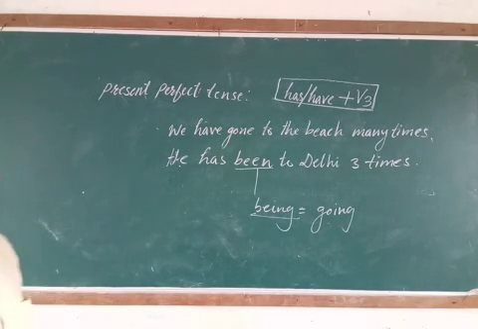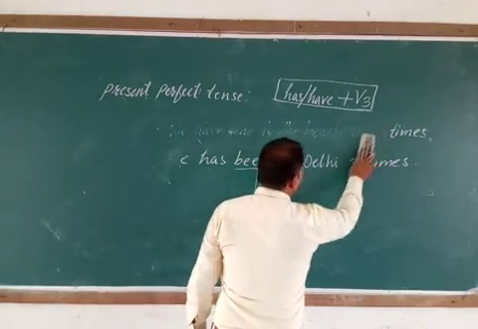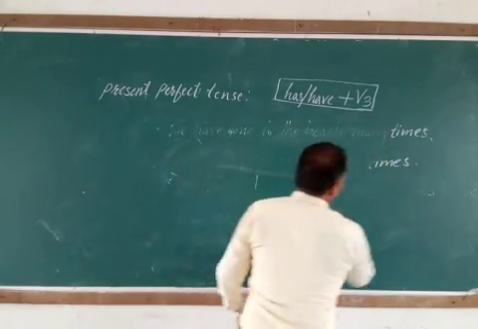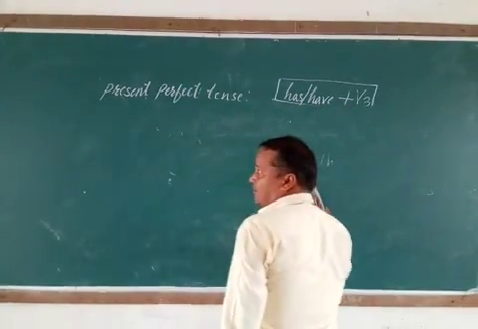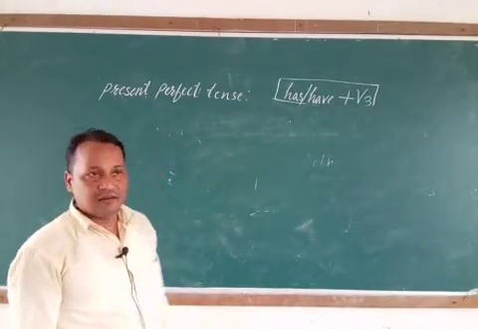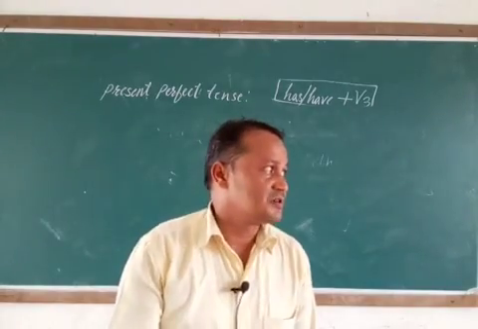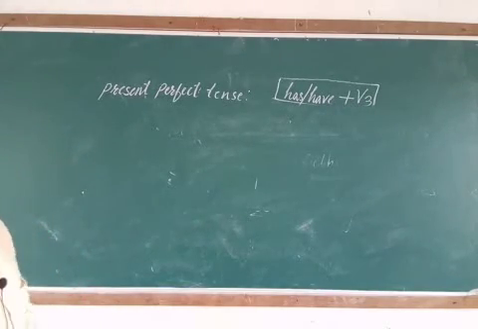Now the second use is to describe an action that started in the past and is still continuing. If any action which started in the past still continues, we will describe it in present perfect tense. So let's see the example.